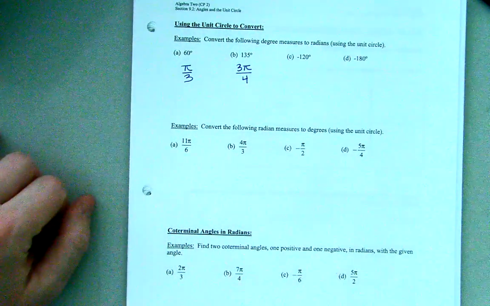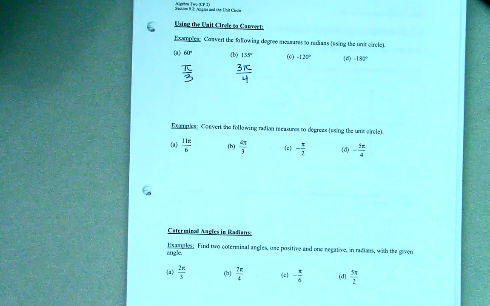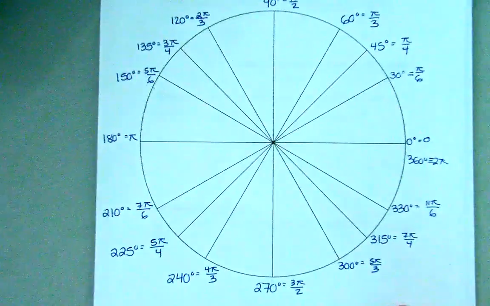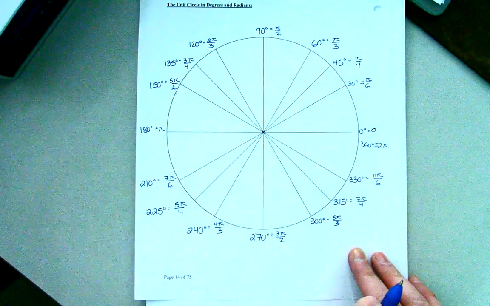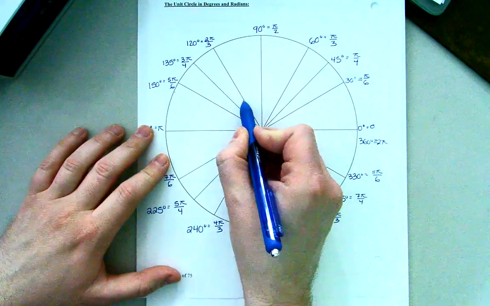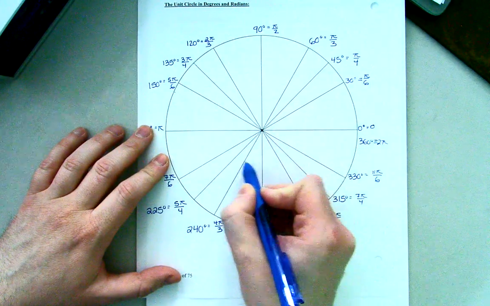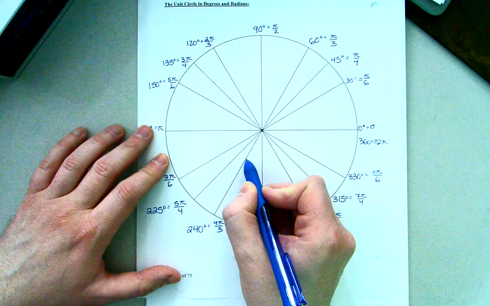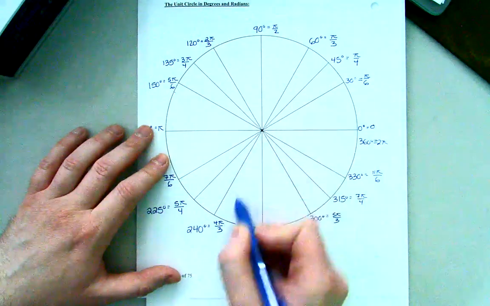Now, not 120, negative 120 degrees. We've got to talk about that. Okay. I know that 120 degrees is over here. So I know that negative 120 degrees is over here. I am not, however, going to say that the answer is 4 pi over 3.